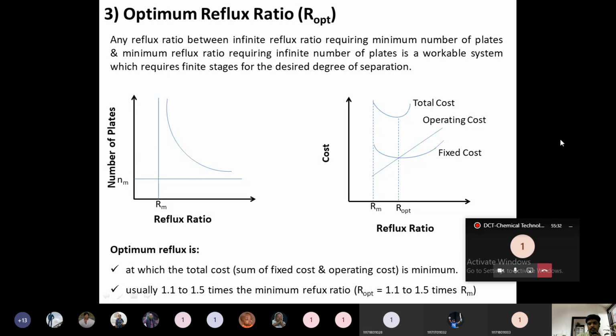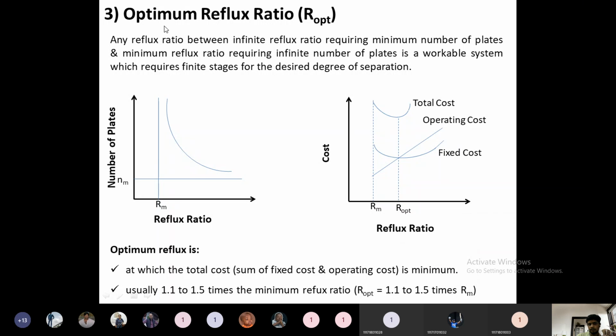What is the optimum reflux ratio? Any reflux ratio between infinite reflux ratio, requiring a minimum number of plates, and minimum reflux ratio, requiring an infinite number of plates, is a workable system which requires finite stages for a desired degree of separation. Any reflux ratio between the maximum and minimum reflux ratio at which the cost and the plates required will be minimum is called the optimum reflux ratio.